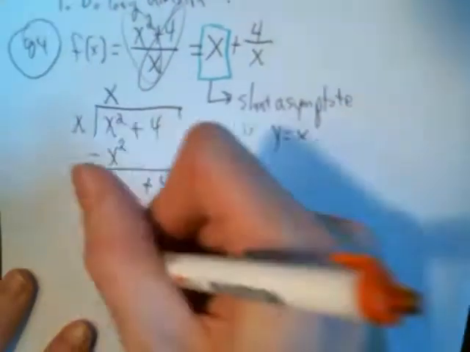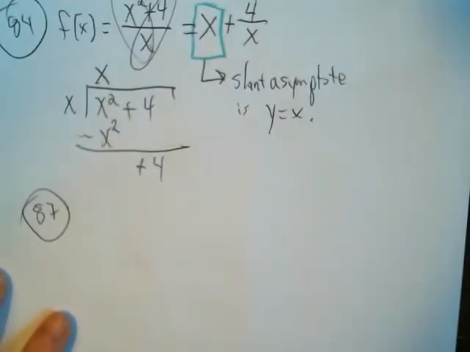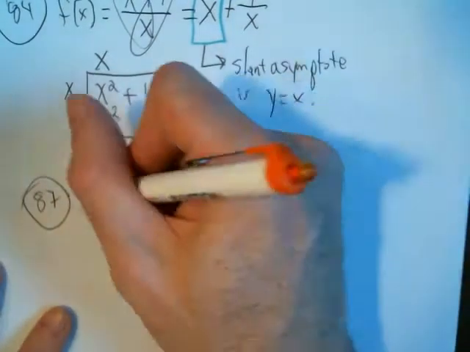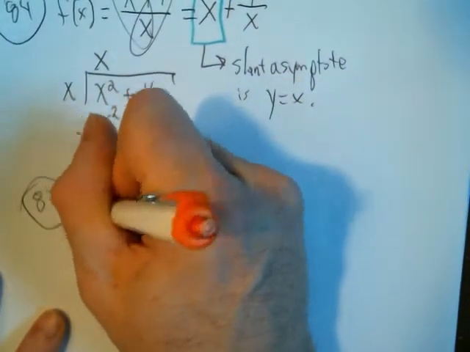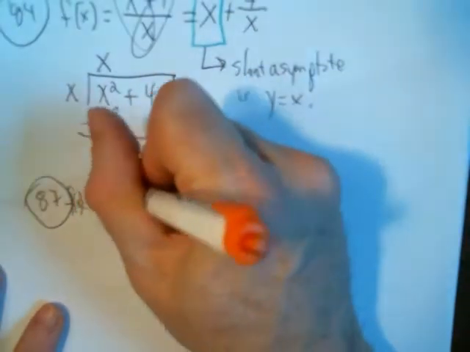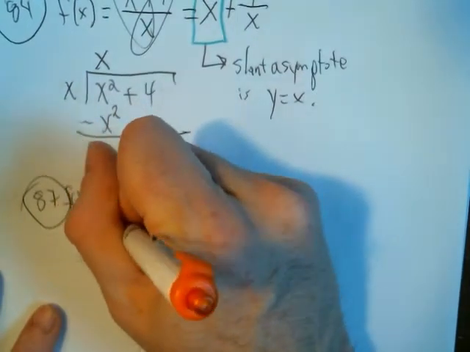Let's look at another one. So 87, how instructive that one was. We'll do this in all of its glory. So we're going to actually plot the thing. So 87, this is some function f of x equals negative x cubed plus 1 all over x squared minus 2x.